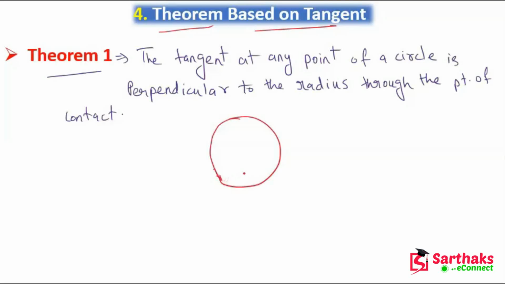Okay my dear friends, it is saying that, let's suppose we have a circle. So this is a circle and this is a tangent of the circle. Now the theorem states that the tangent at any point of a circle is perpendicular to the radius through the point of contact.